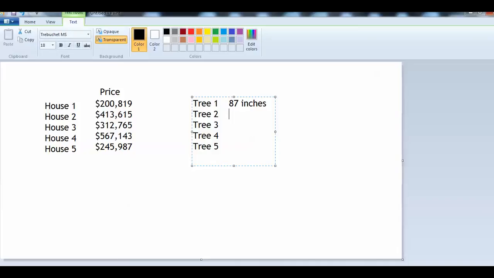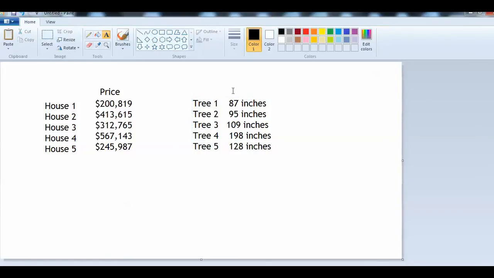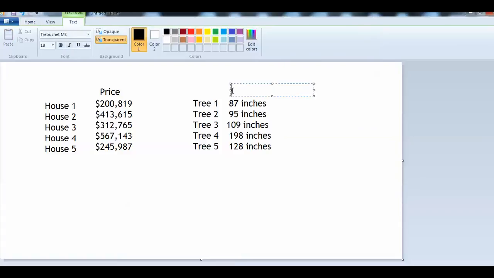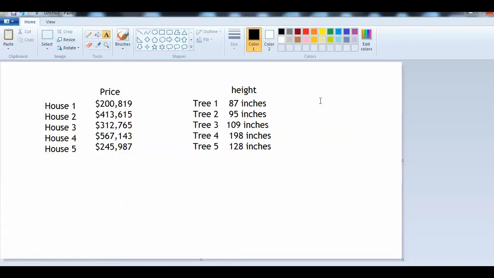I'm just going to make up some numbers again. So these are the heights of the trees. And we'll do one more example with people.